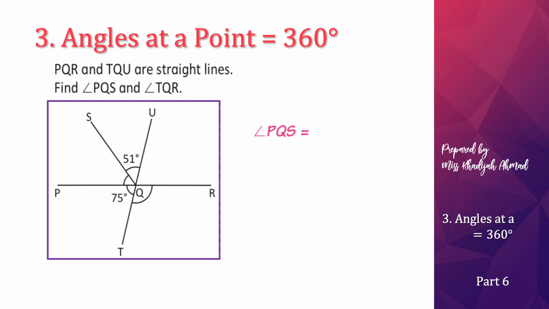Angle PQS is on the left side of the straight line TQU, which means we can find angle PQS by taking away the 51 degrees and the 75 degrees from 180 degrees, which equals 54 degrees. Our next angle, angle TQR, is under the straight line PQR. Here we can find angle TQR by taking away the 75 degrees from 180 degrees, which equals 105 degrees.